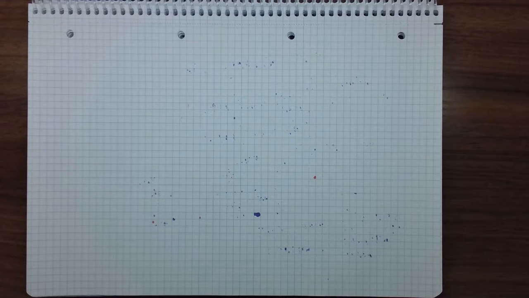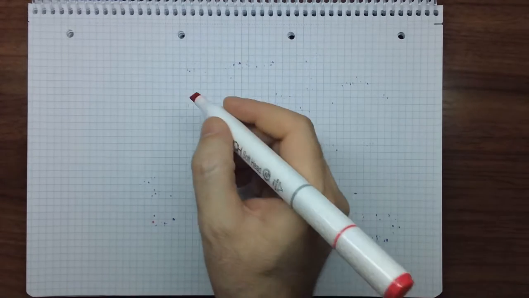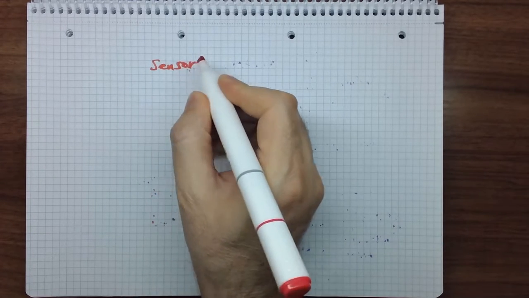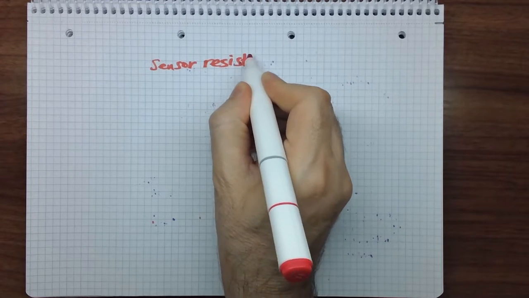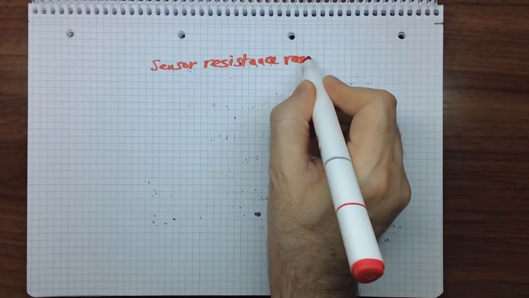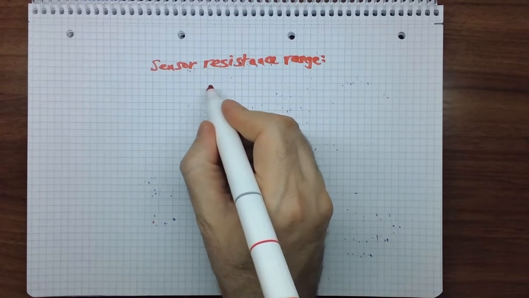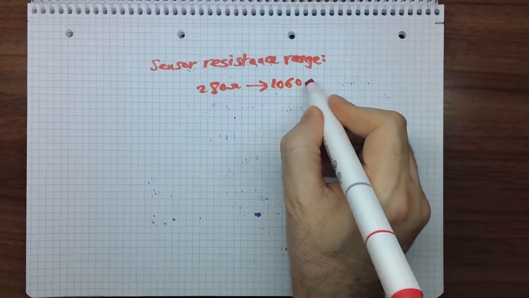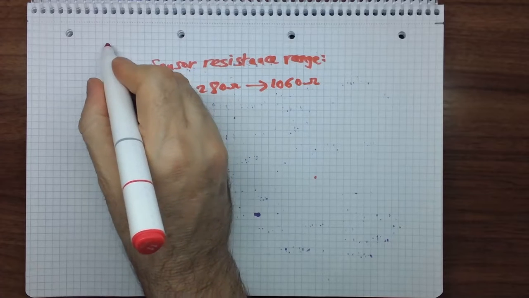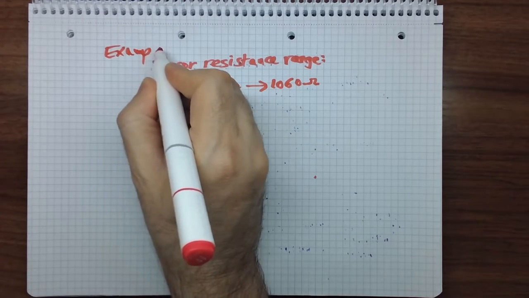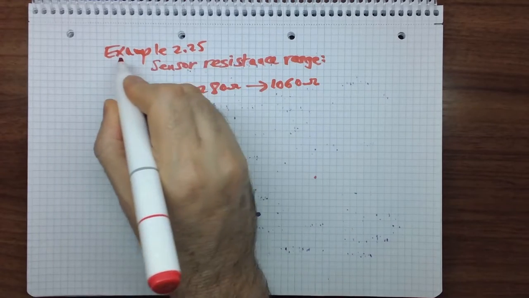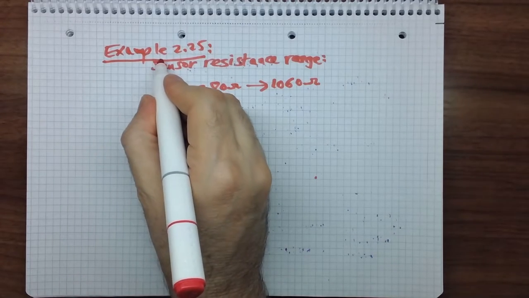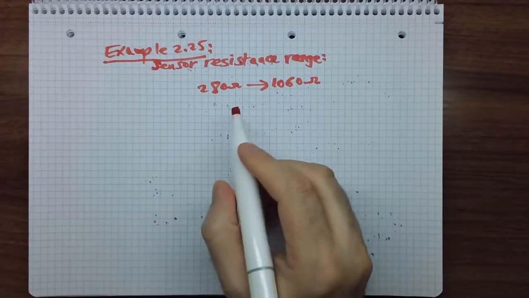Okay, the sensor resistance range is from 280 ohms to 1060 ohms. This is example 2.25. So we have this sensor resistance range.